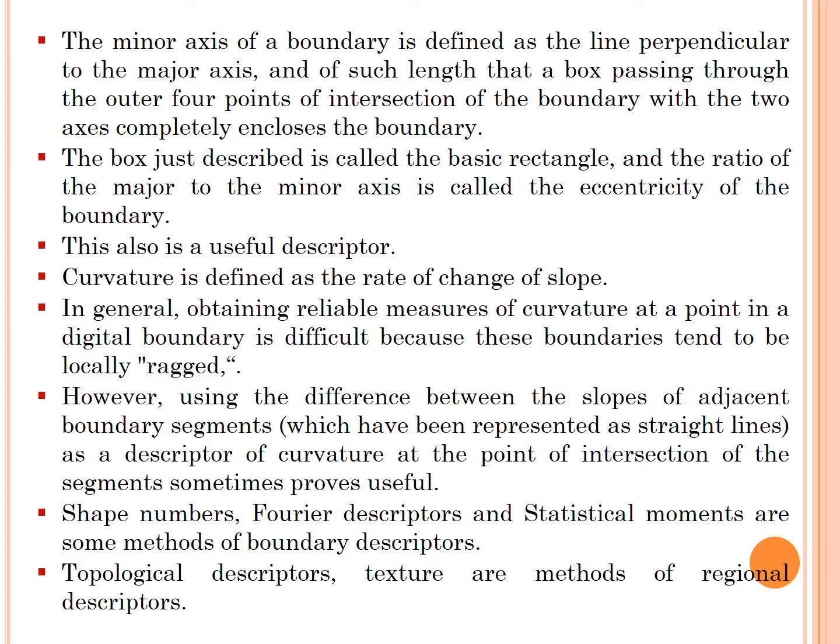However, using the difference between the slopes of adjacent boundary segments, which have been represented as straight lines, as a descriptor of curvature at the point of intersection of the segments sometimes proves useful. Shape numbers, Fourier descriptors, and statistical moments are some methods of boundary descriptors. Topological descriptors and texture are methods of regional descriptors.